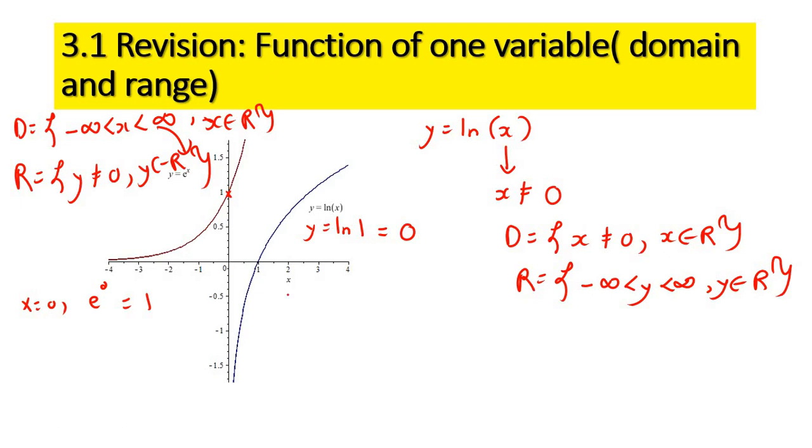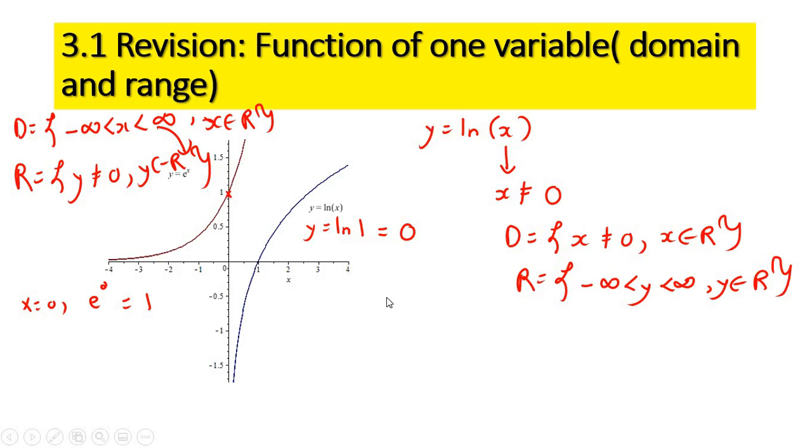And for the ln graph, ln 1 is 0, so it cuts through this point, then goes down, approaching negative infinity as x approaches 0, and when x is greater than 1, y approaches positive infinity.